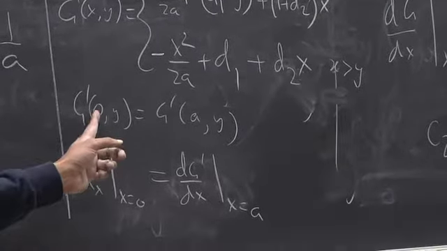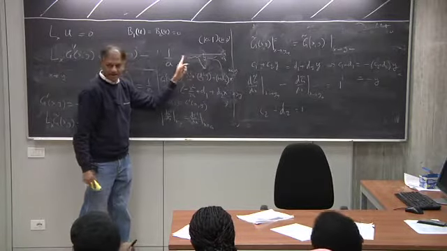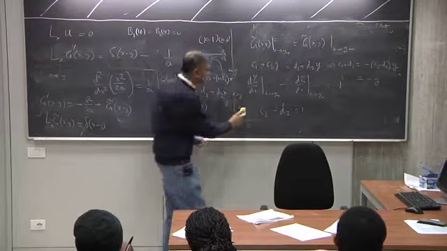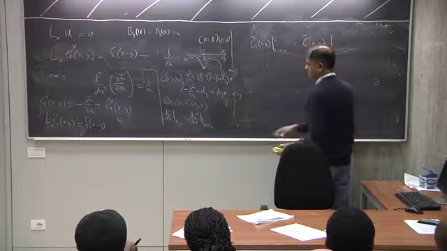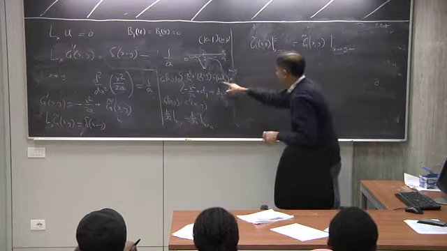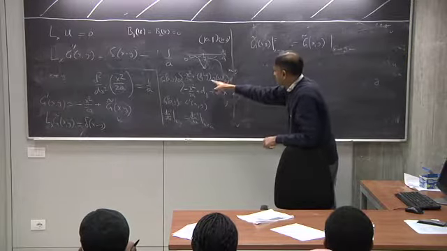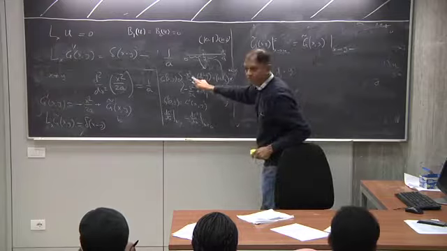Now this is x equal to 0, so this is in the region x less than y, right? So I have to just put x equal to 0 in this solution. You get here d1 minus y, because these two terms drop out.